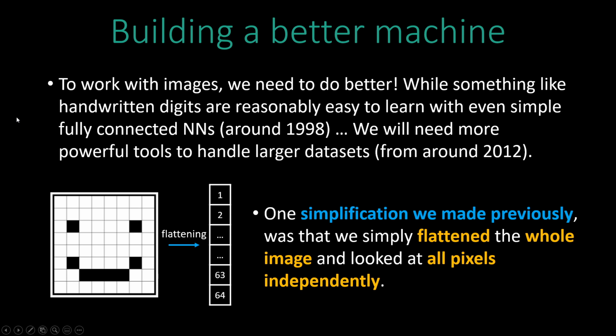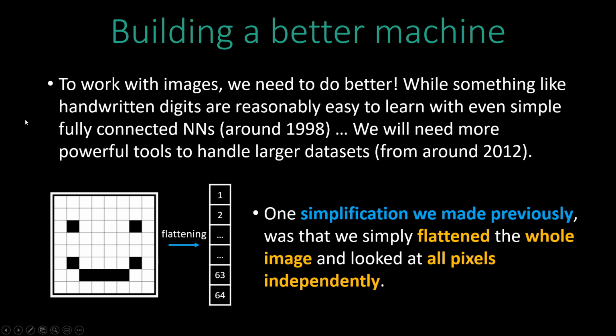So we worked with images before. We were able to teach a model on a dataset of handwritten digits that worked reasonably well, 97% or something. However, we have to say that these images from the MNIST dataset were relatively simple to process. The resolution there was quite small.